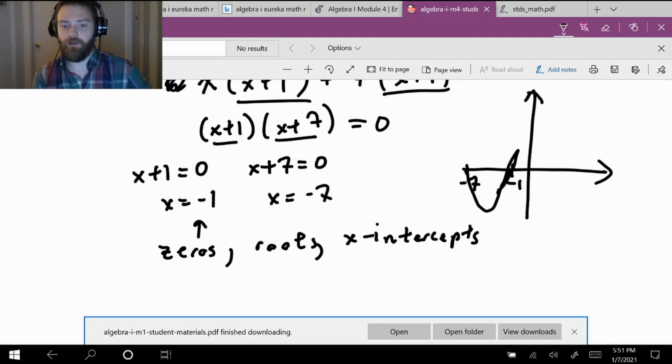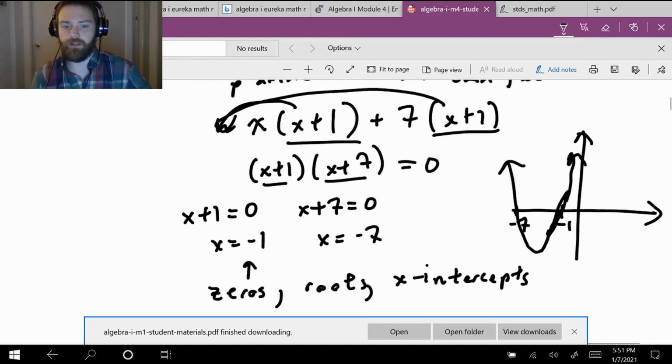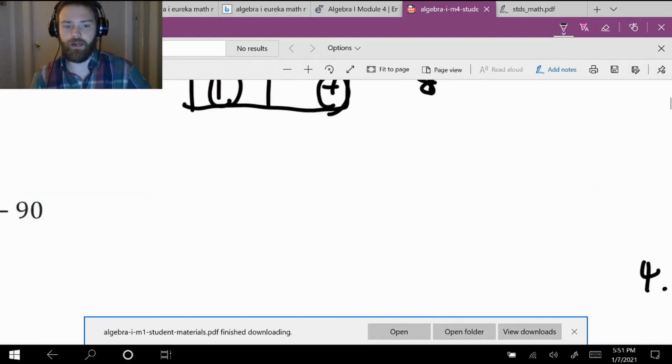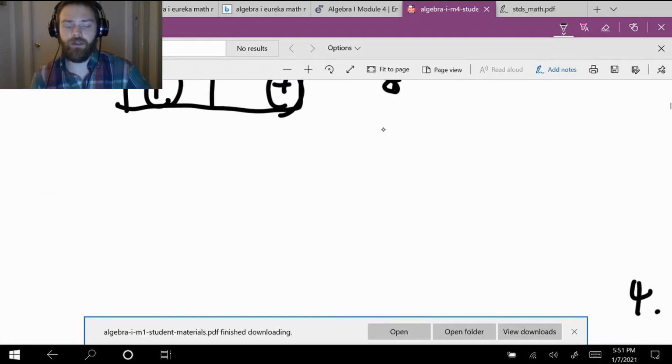Now you might be wondering how I know what the quadratic looks like and why it's bending that direction. So quadratics, I'm just going to make a nice little aside here. For quadratics, they come in two flavors, okay? They're either pointing up like this or they're pointing down like this, okay?